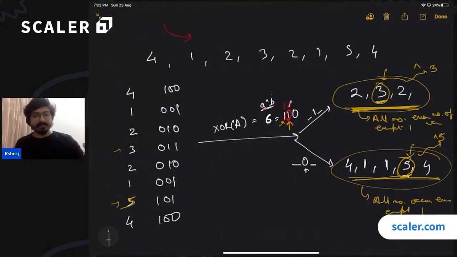If the two numbers are different at that place, they will definitely fall into different sets, and all the other numbers are occurring an even number of times. So if the other numbers are having a set bit, they come with all their copies, right? So if 2 is coming here, 2 will not come alone, 2 will also bring the other 2, so all the numbers will come an even number of times.